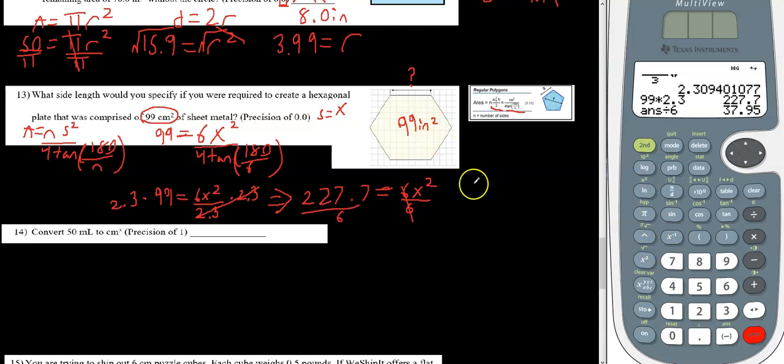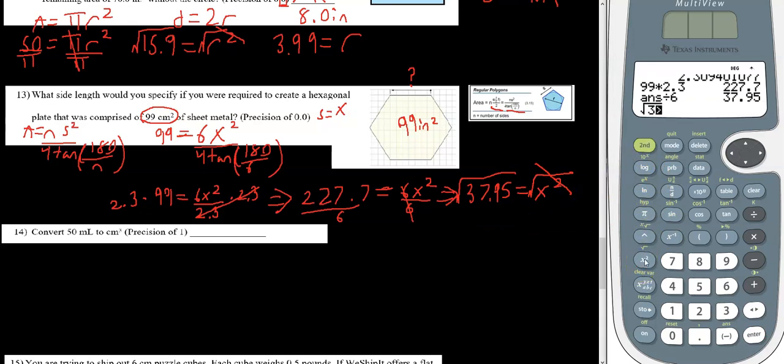And so I can say therefore 37.95 equals x squared. But I don't want to know what the square of this is. I want to know what it actually is. And so I need to get rid of that square as well. And the opposite of that is the square root. And so I'll take the square root of both sides. And what is the square root of 37.95?